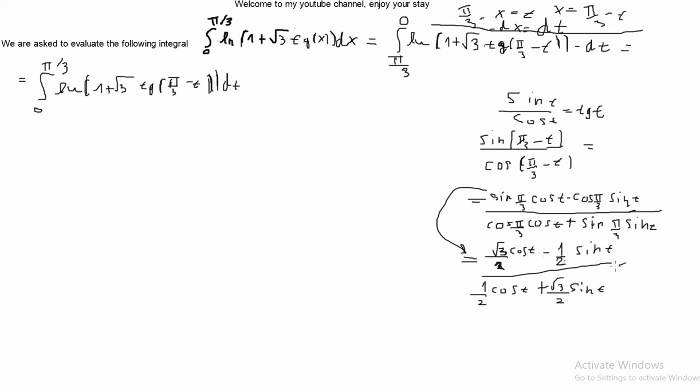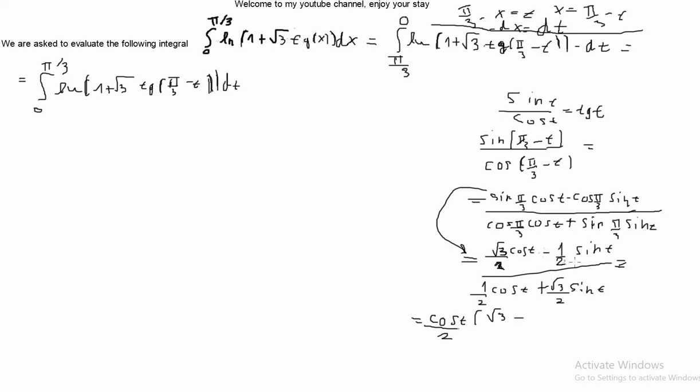And now you're wondering what we should do now. So let's factor some things. Let's factor cosine of t over 2 here. What do we get? Square root of 3 minus, this is sine over cosine.